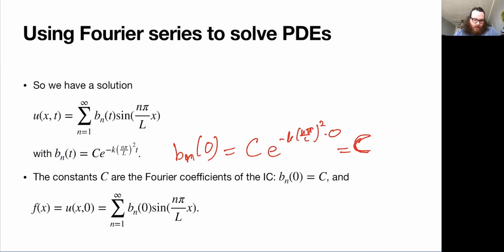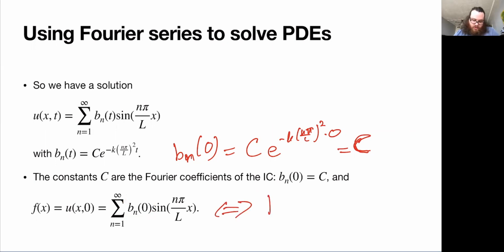But what we can do is say, we also have other information about this problem. We have an initial condition. So if we plug in t equal to 0 into our solution, that's equal to f of x. But if you plug it into the series, you're going to get this expression right here. And so what you can notice is that these terms right here are exactly the Fourier sine coefficients for the function f.